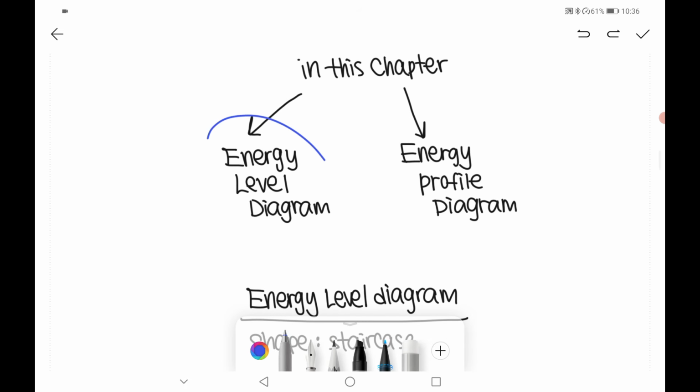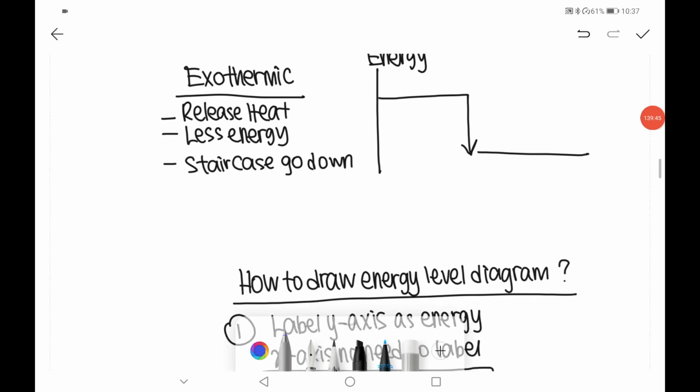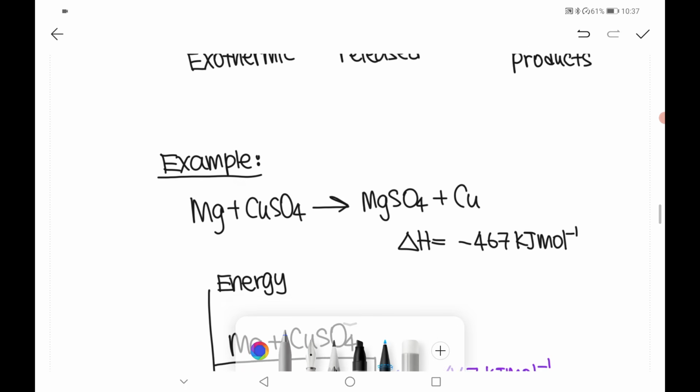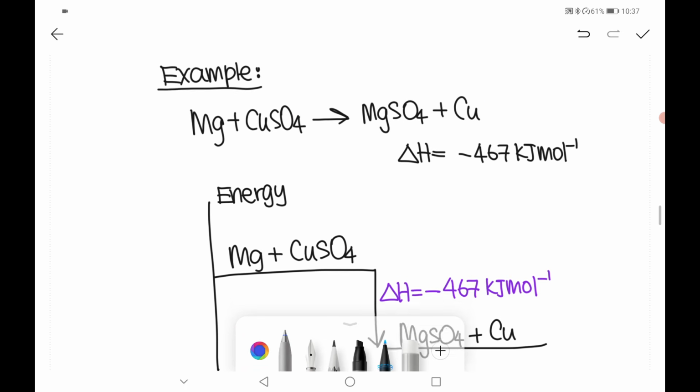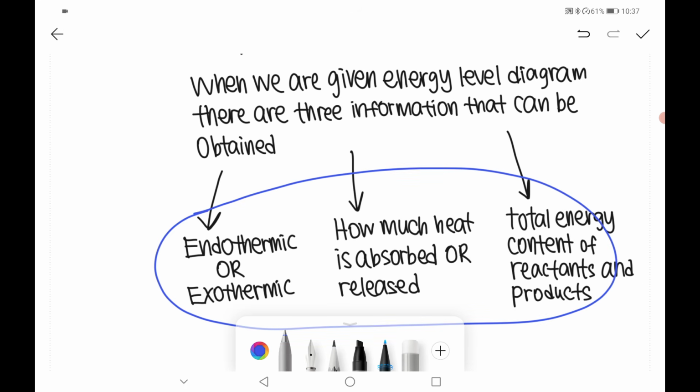Then we must know how to draw the energy level diagram, and how we modify the energy level diagram to become the energy profile diagram. After that, we need to know how to use the bond energy. Before that, we must know 3 important pieces of information that we can get from the energy level diagram.